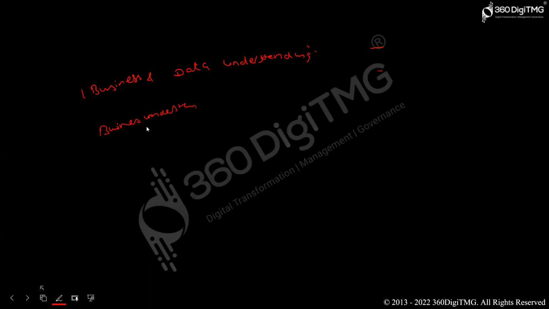In business understanding, we are going to talk about project charters, and we discuss objective and constraints. The CRISP-ML(Q) methodology is the life cycle of a data science project.